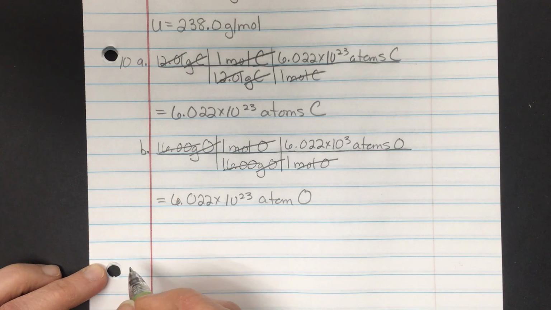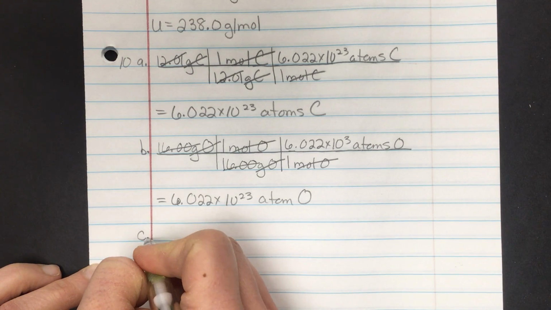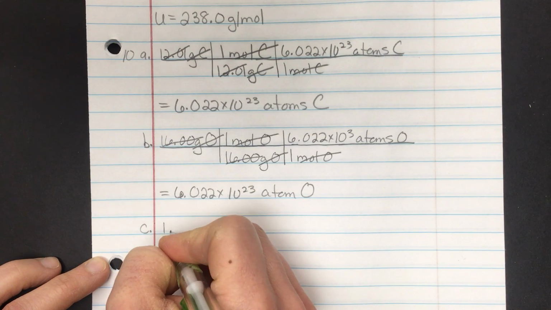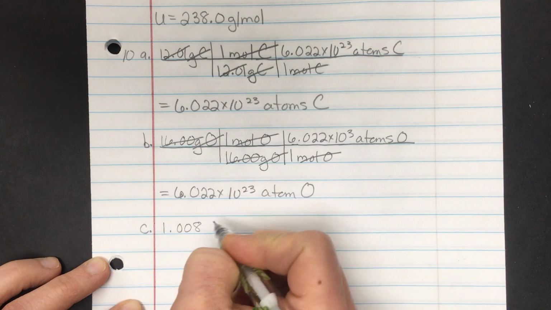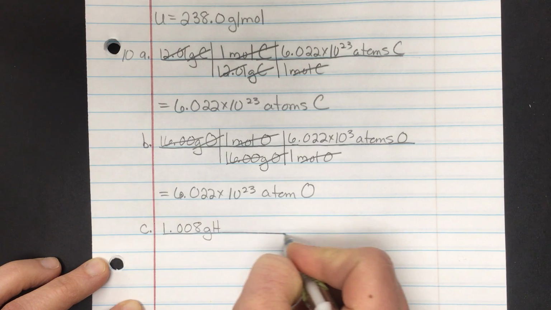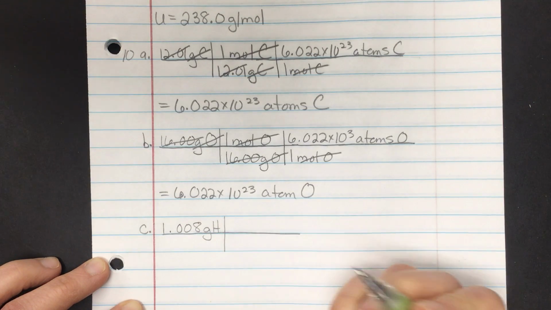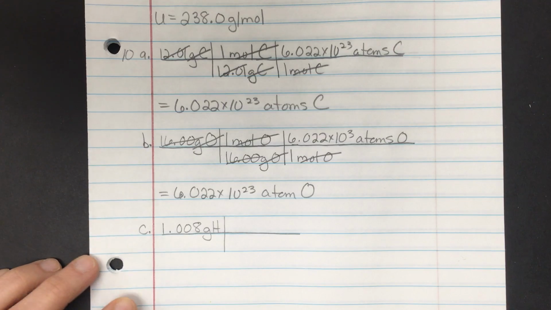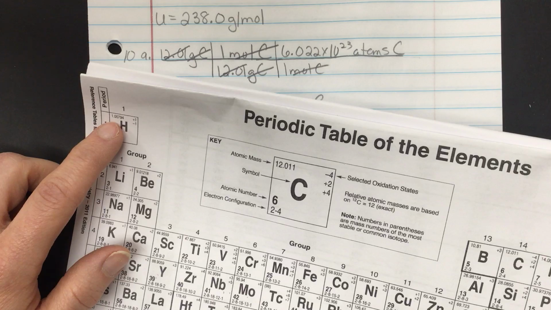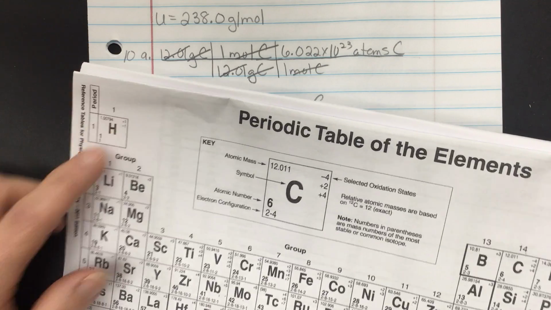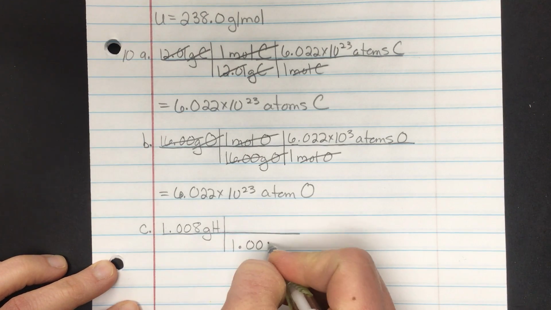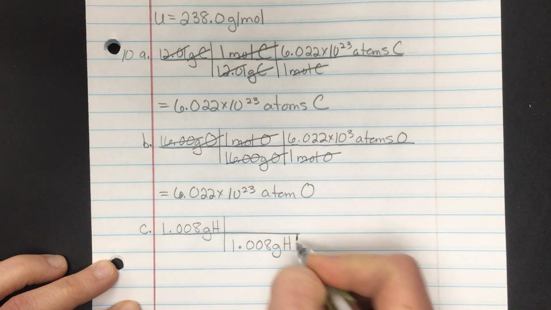And then for C, they want me to convert 1.08 grams of hydrogen to atoms of hydrogen. And again, I go to my periodic table. I see that the molar mass is 1.008, rounded off, grams of hydrogen.